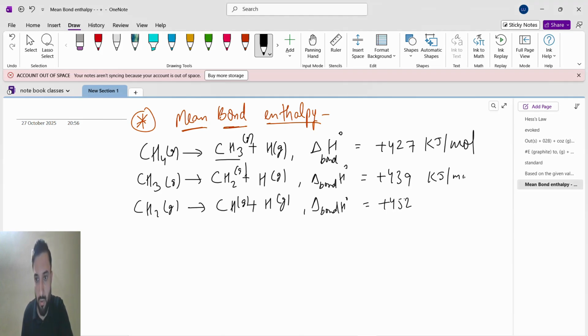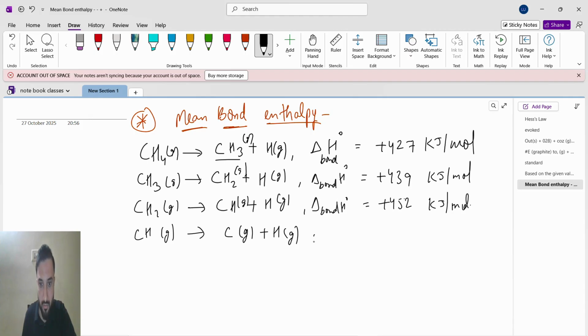Then next, from here CH, in the gaseous form, will give carbon plus hydrogen. For this, again this bond is plus 347 kilojoule per mole.